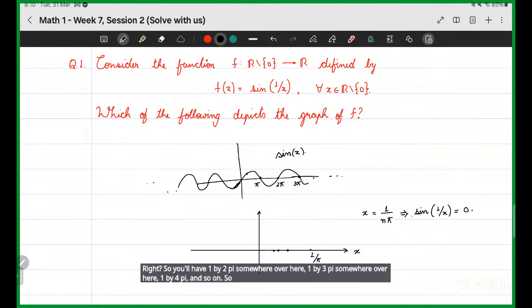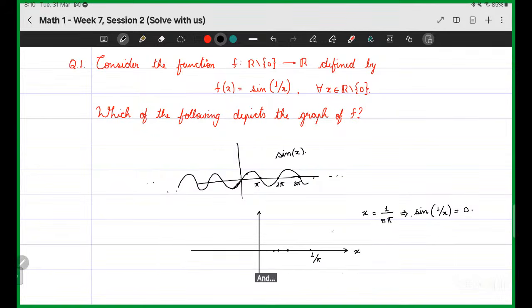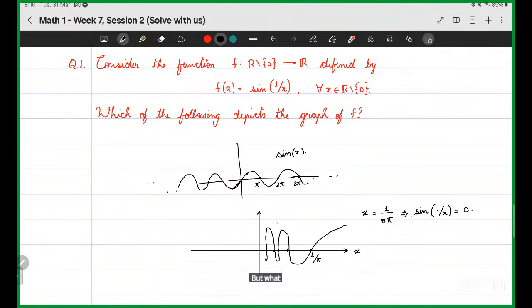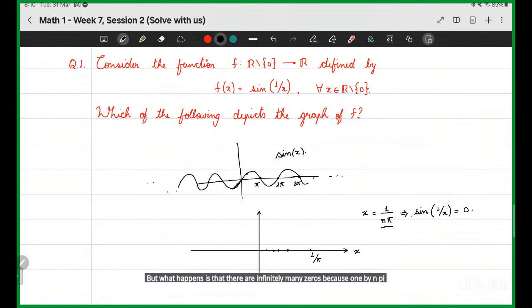So these are the zeros of the function. And beyond that, you will have positivity. So it should be something like this. It will be an oscillating function like sine. But there are infinitely many zeros, because as you vary n, 1 by n pi will get as close to the origin as you want.